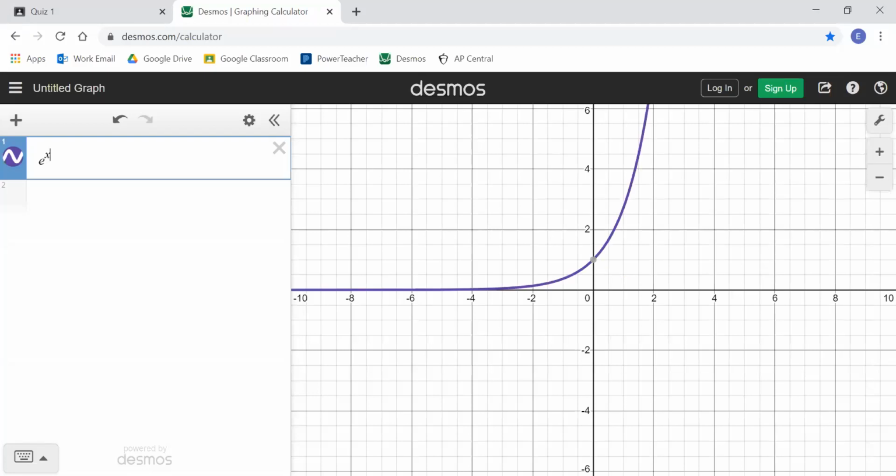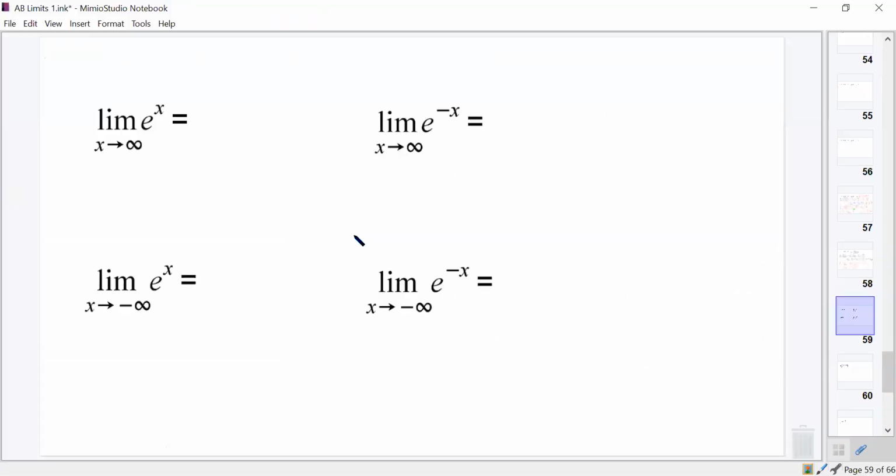It's going up and up and up, right? Infinity. Yeah, we can call that infinity. Technically, it doesn't exist, but we'll call it that. But what about as x goes to negative infinity? What does that one be? 0. That one's 0.